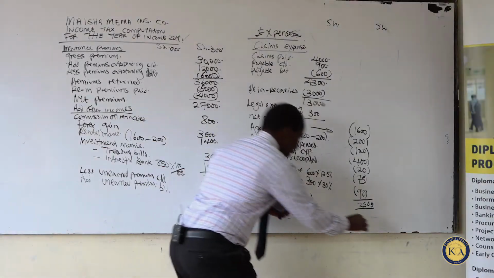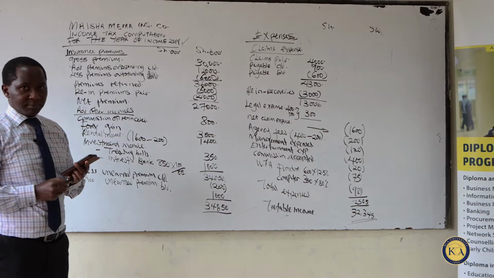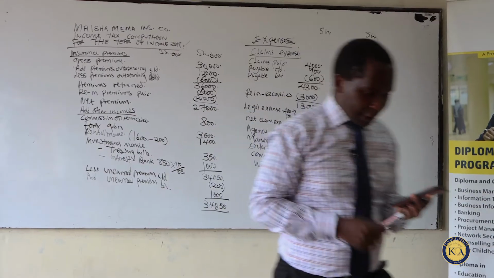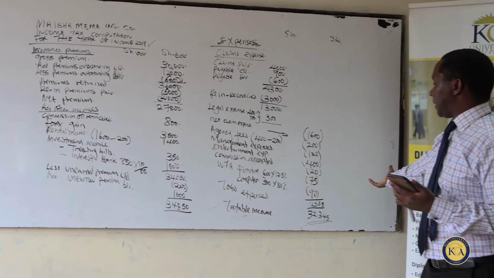I get a taxable income down here of 32,345. That is my taxable income, and is what the first part of the question is testing for 8 marks. We compute the taxable income of this insurance company.